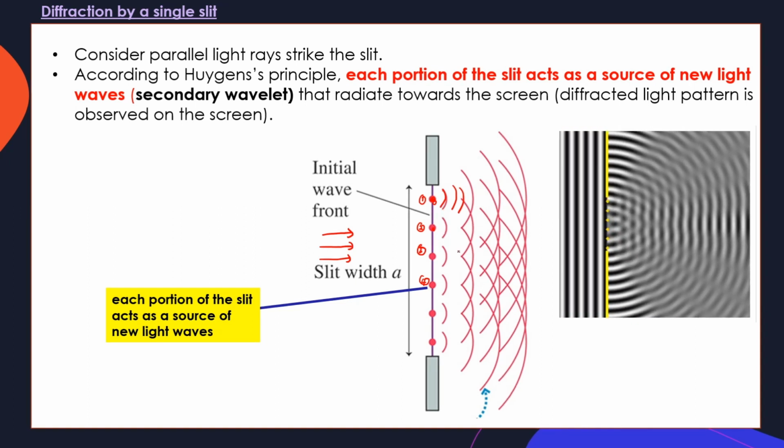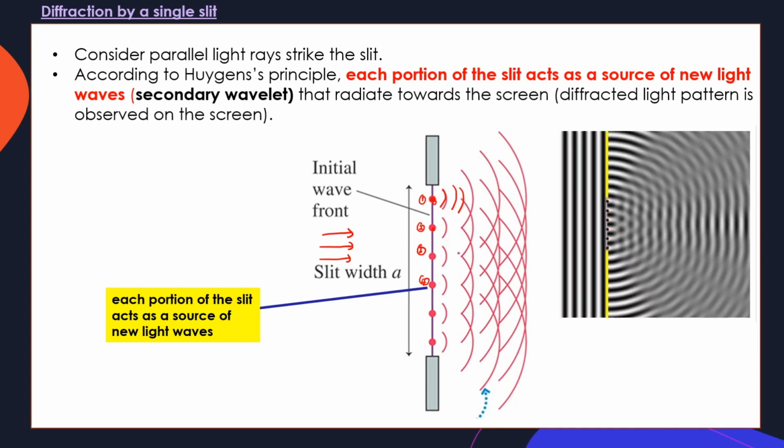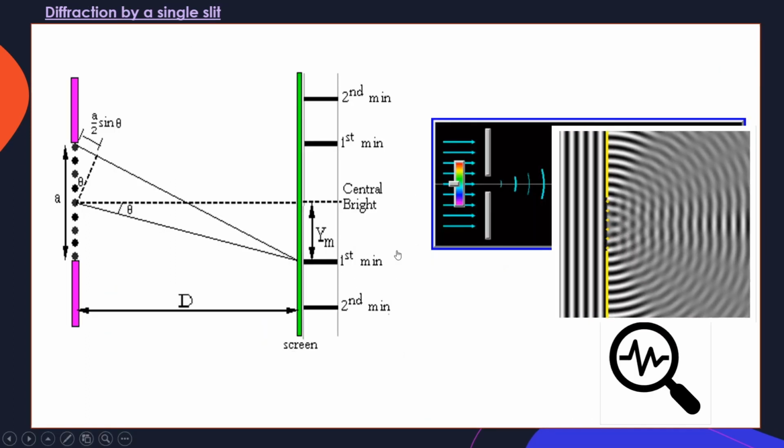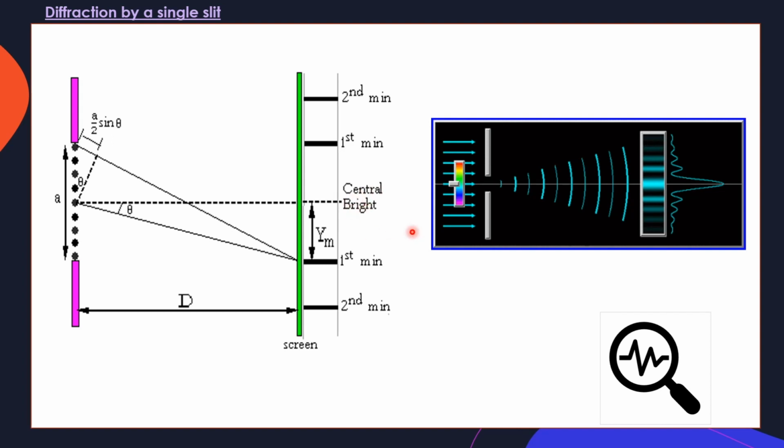The diffraction pattern is actually an interference pattern. Alright, so now look at this diagram. Okay, so for a single slit, we do get an interference pattern here. It's not exactly the same pattern as double slit interference, but still, we get an interference pattern although we only have one source of light here.